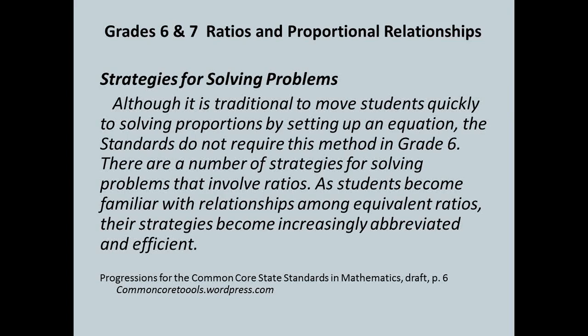As students become familiar with relationships among equivalent ratios, their strategies become increasingly abbreviated and efficient. Remember, it is important not to rush to that proportional equation, rather to give students time to use the models, develop a deeper understanding, so when they do that symbol manipulation, they do it with meaning.